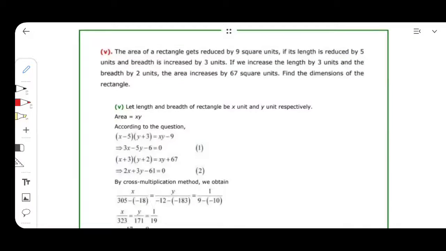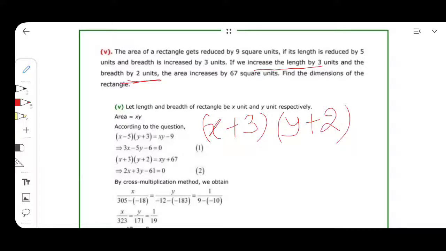Again, if we increase the length by 3 units, the length becomes x plus 3, and the breadth is increased by 2 units, so y plus 2, into, this is multiplication.